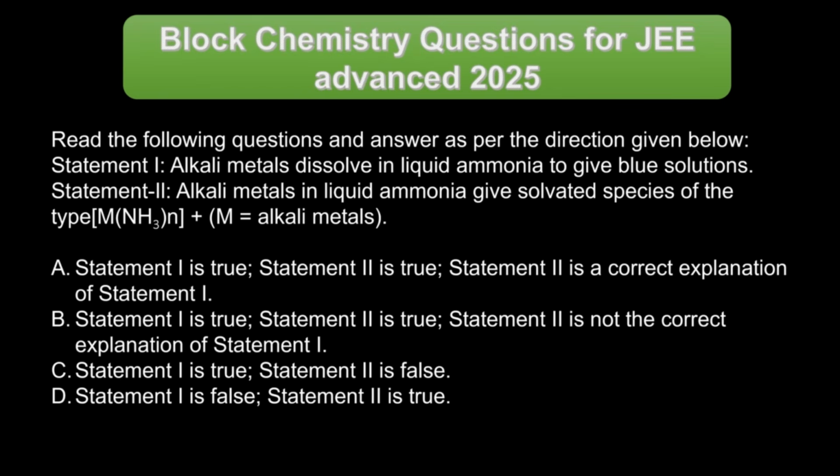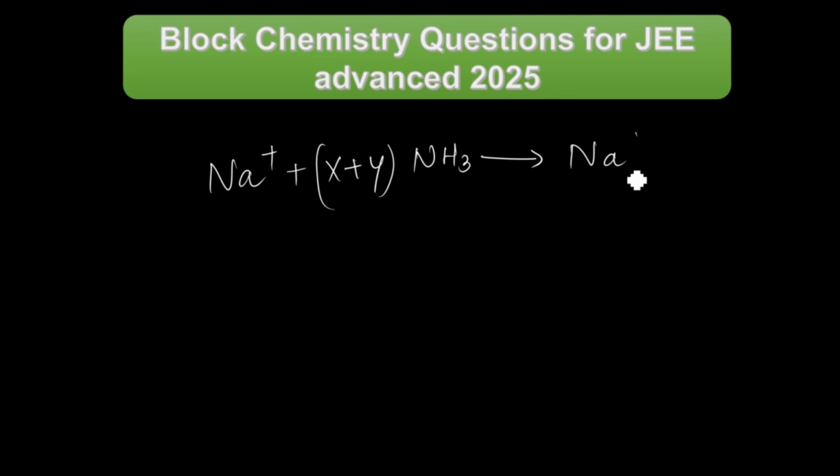Here we have the options also. Both are right or both are wrong. You can take any alkali metal. I would like to take sodium. Sodium plus with solvated ammonia. This will give you amine complex, isn't it?